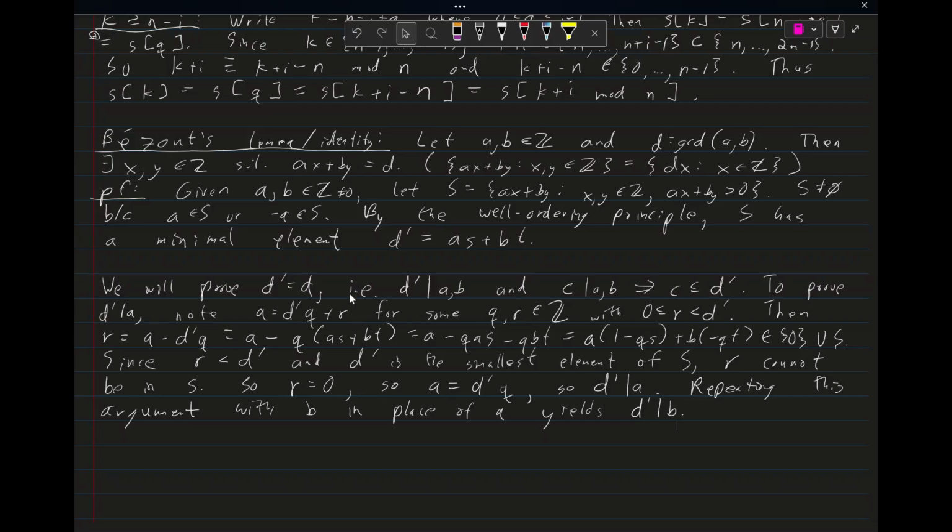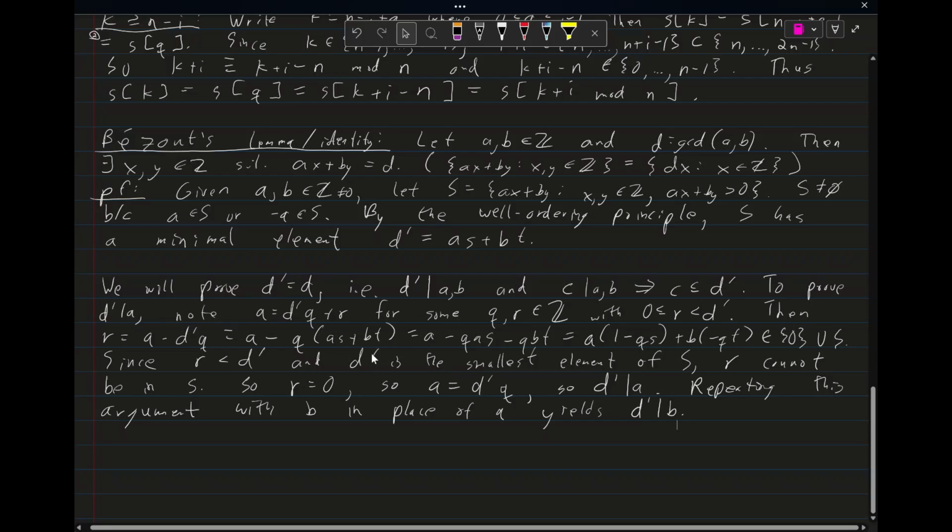But the point is, you repeat the same argument for B instead of A, and the same argument works. It will look identical to this, except A and B will be flipped.